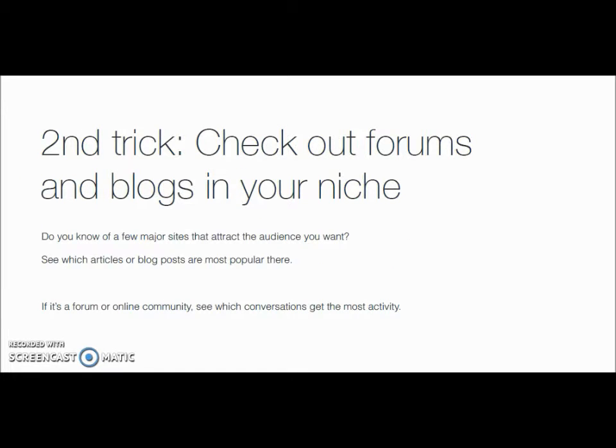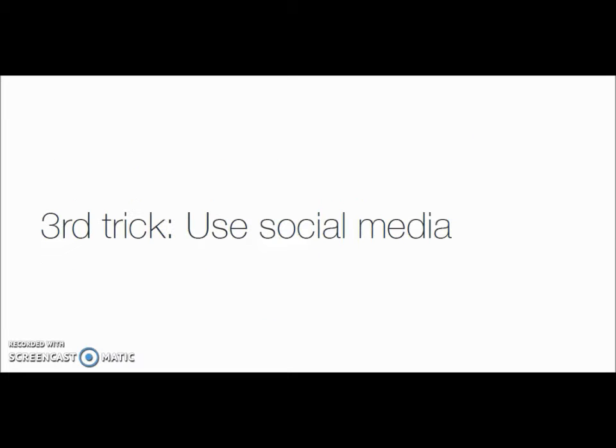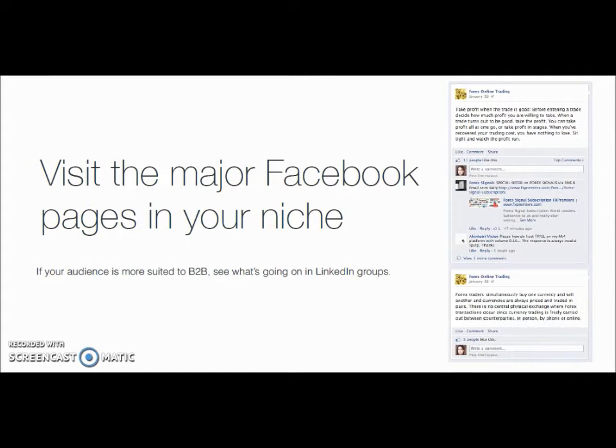Second trick, check out forums and blogs in your niche. Do you know of a few major sites that attract the audience you want? See which niches or blog posts are most popular there. If it's a forum or online community, see which conversations get the most activity. Third trick, use social media.